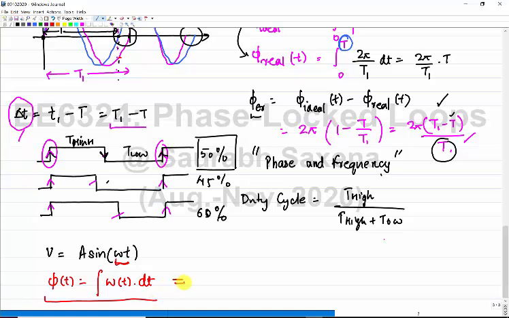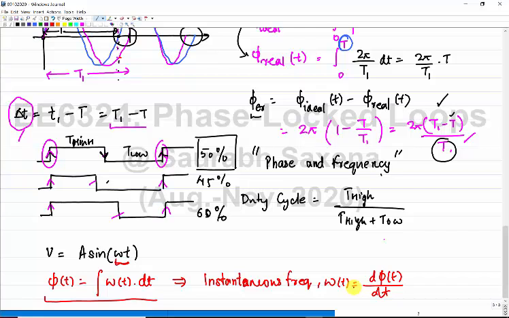If this is the correct representation, then you will have instantaneous frequency and you are going to have average frequency. Instantaneous frequency omega will be defined as d phi by dt, and whichever time you want, you calculate that d phi by dt at that point, that will be instantaneous frequency.